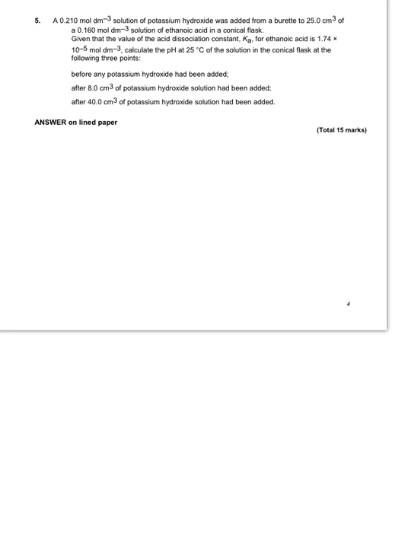A 0.210 mole per decimetre cubed solution of potassium hydroxide was added from a burette to 25 centimetres cubed of a 0.16 molar solution of ethanoic acid in a flask.